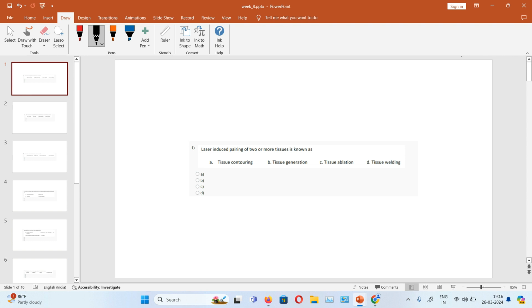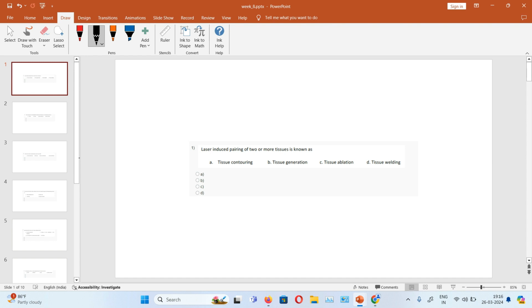Laser induced pairing of two or more tissues is known as? So we have tissues, and we have to bind the tissues using a laser. We cannot use a very high power laser, because the cells will undergo necrosis or get charred.